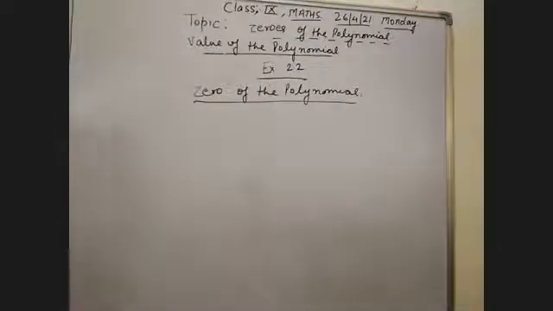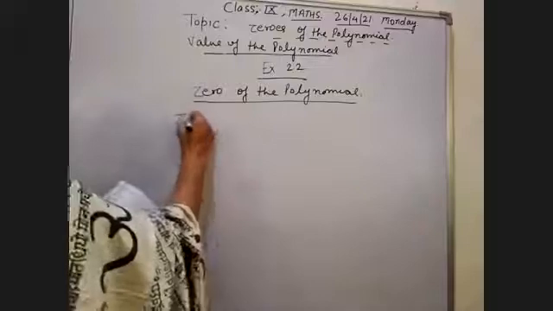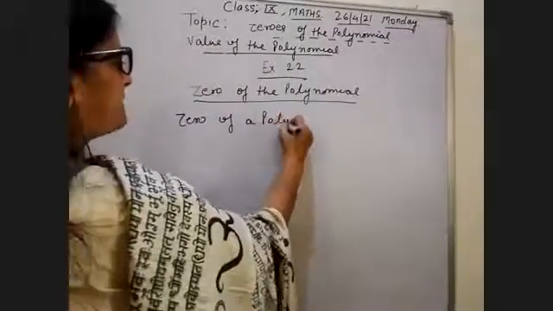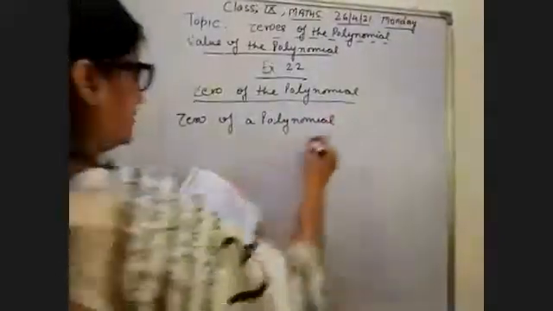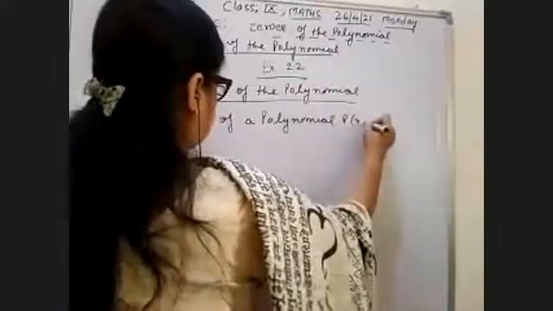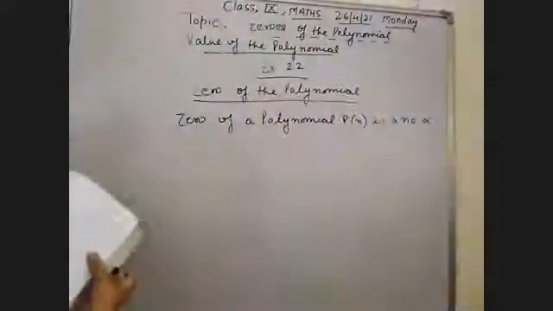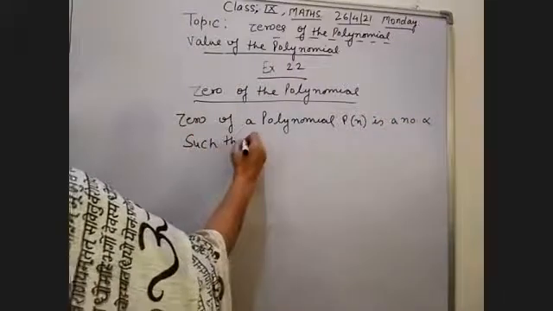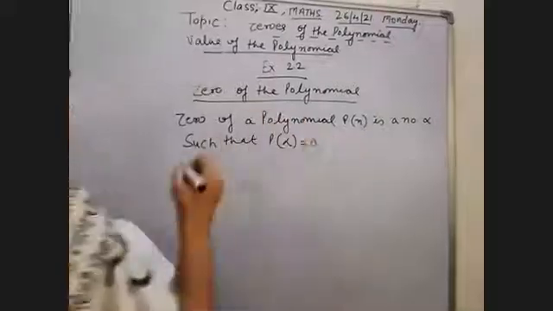0 of a polynomial Px is a number alpha. Note down these lines. Zero of a polynomial, note down this definition. Zero of a polynomial Px is a number alpha such that P alpha equal to 0.